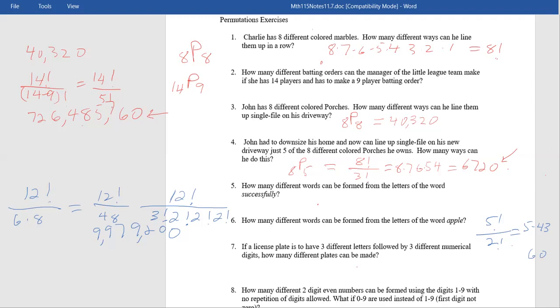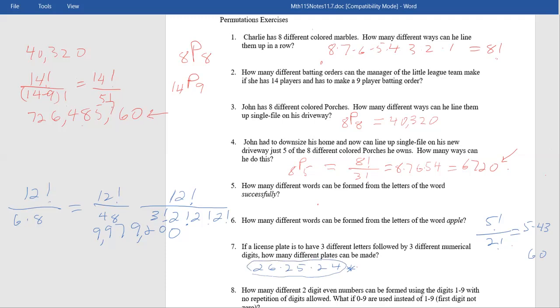Okay, license plates. 3 different letters, 3 different numbers. So you would have a 26, 25, 24. We're back to the counting, the multiplication principle. You could think about it as permutation, but we're still multiplying. So this is the way to write all of the letters, how many ways you can do that.